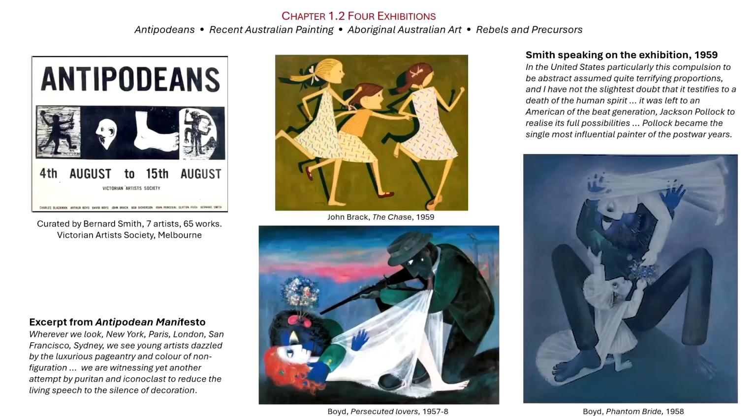So Bernard, we then come to our first exhibition. Bernard in 1959, at the very time these exhibitions are going through Europe, says, I've got to do something about this. And the week before the New American Painting Show opens at the Tate, he gets a couple of artists together.